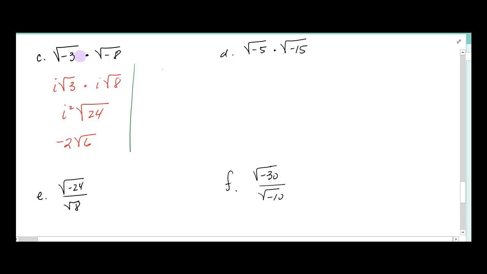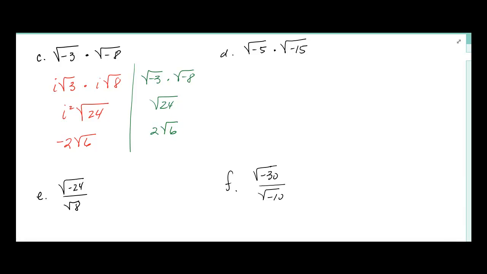So if I multiplied the negative square root of 3 times negative square root of 8 together, just as it was, I would end up with the square root of just 24, because negative times a negative is positive. And then the square root of 24 again is 2 times the square root of 6. But you can see that these two answers are not equal, so this is an illegal operation. Make sure you take care of the negatives before you ever multiply.